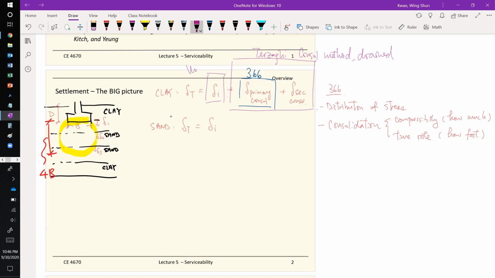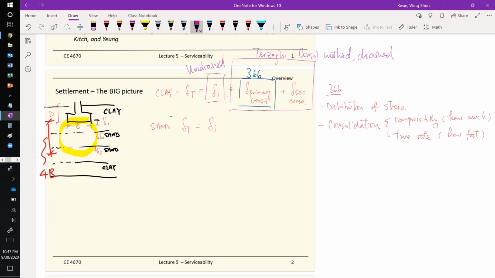Versus the immediate settlement for clay, which is an undrained condition. So be very careful about when it's drained and when it's undrained, because the immediate settlement means right after or within the construction time. So we talk about days, not months or years. We talk about days or hours.